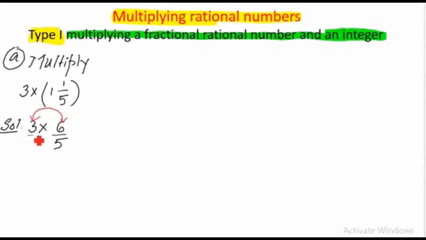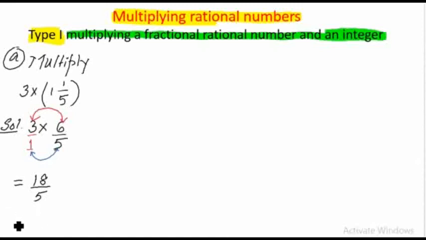Here nothing is here, it means 1 is here. So when we multiply denominator with denominator, so what we will get? So 3 into 6 is 18. 1 into 5 is 5.